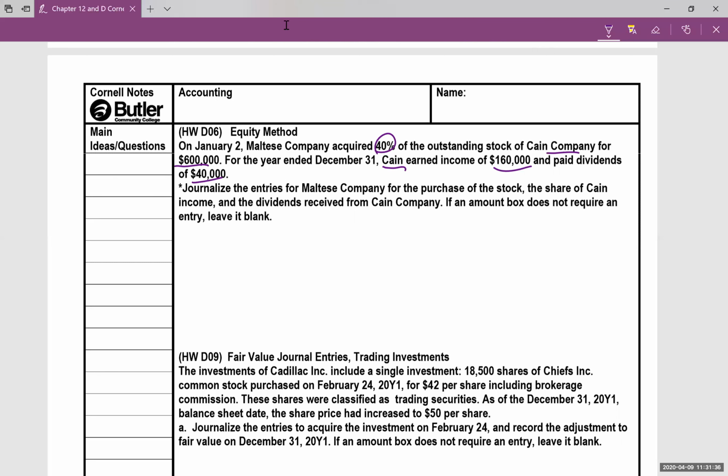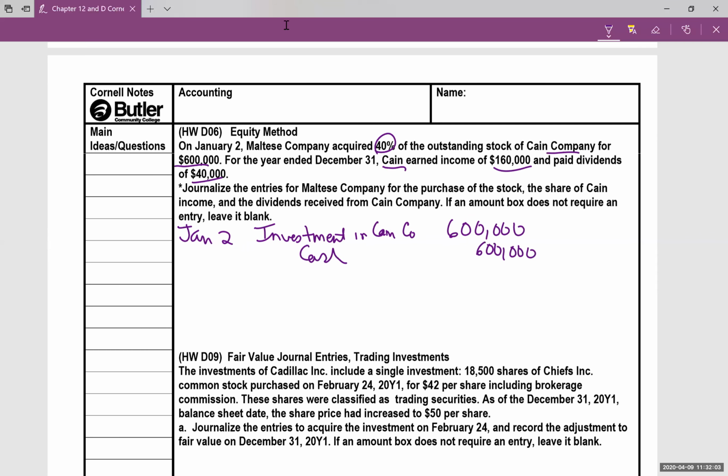So here we go. January 2nd. Remember, Maltese went out and they made this investment. They had to pay some money for it, but we're going to call it investment in Kane Company. And it says that they paid $600,000 for that. And they paid cash.